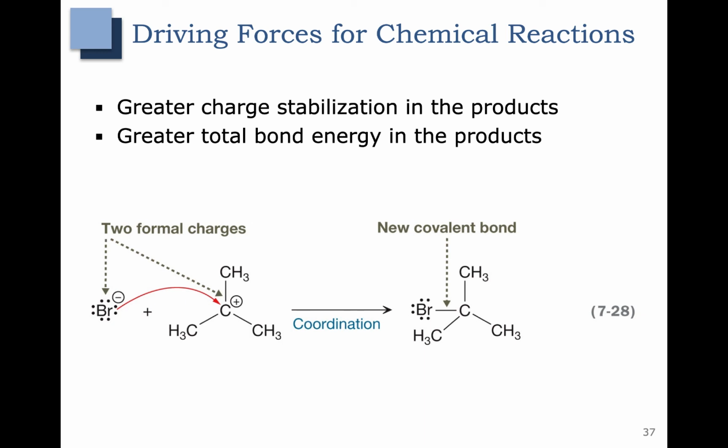This reaction that we're seeing, hopefully you recognize that it's a coordination reaction. So I'll draw on the electrons here as well. We have a lone pair on that bromine that's forming a new bond. The lone pair on the bromine comes in to form a bromine-carbon bond. And this is favorable because we are going from something that has charges to something that doesn't.